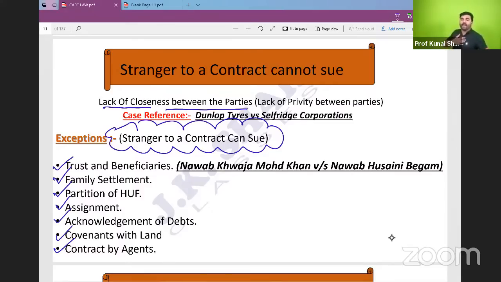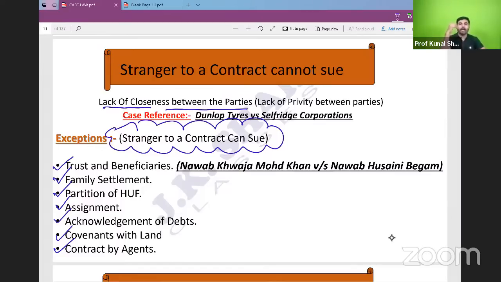For example, I am having a right to recover 10 crore rupees from JK Shah sir. JK Shah sir has made a promise to me that he is going to pay me 10 crore rupees. Now, over here, can I say JK Shah sir is the promisor?